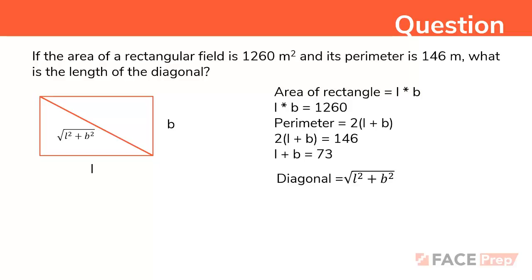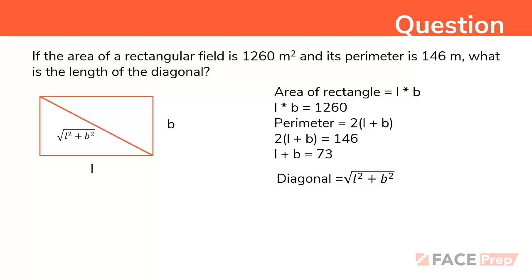How to do that? If you remember, in simplification we spoke about a formula: a plus b whole square is a square plus b square plus 2ab. If I transfer that 2ab to the LHS, it will give me L square plus b square.